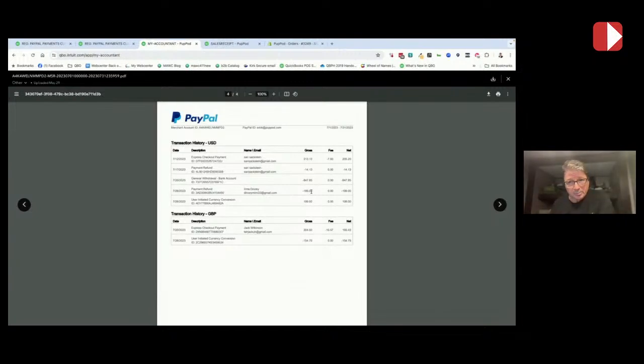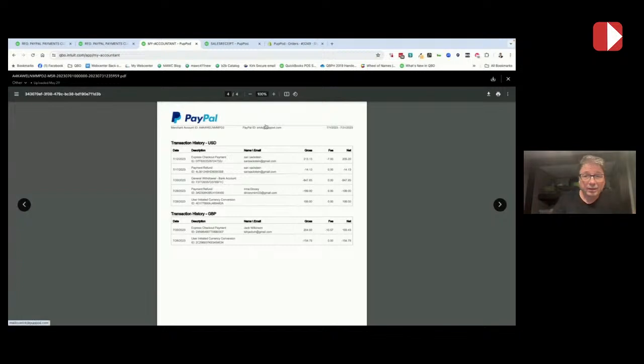So what would normally happen is that would get pulled from the bank account if there was no other balance inside of their PayPal. But in this case, they had money sitting in their GBP account. So PayPal took it upon itself to transfer that into U.S. dollars on the day they did the refund. So here's 154.79 being pushed into the US dollar.